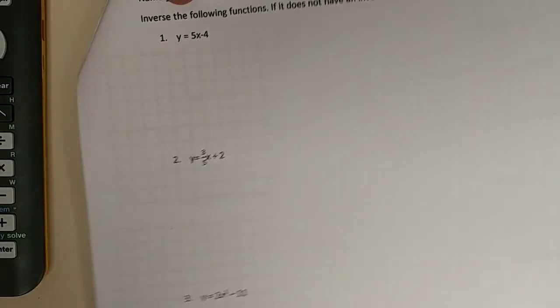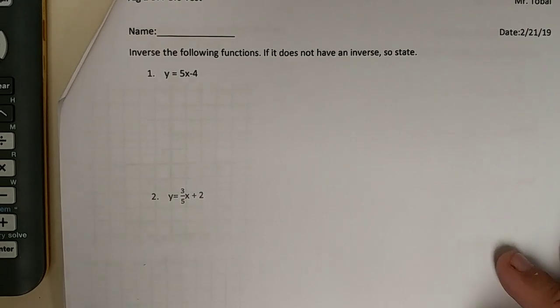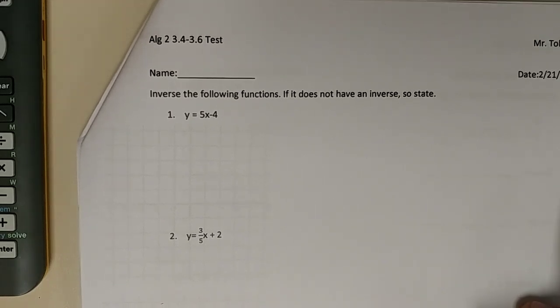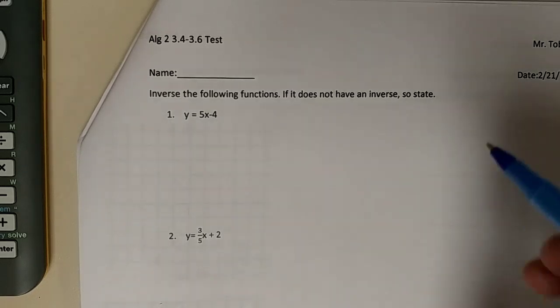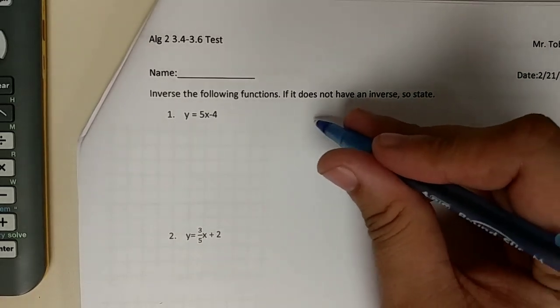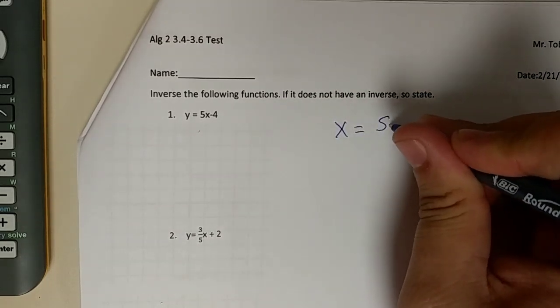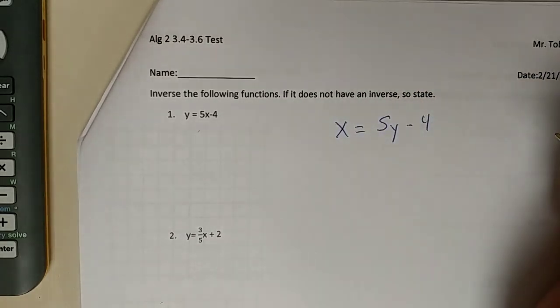Why don't we keep going? Alright, inverse functions. So we have to be able to inverse the function. So the first step for any inverse is going to swap the x and the y. So I'm going to take this equation and rewrite with x and y swapped positions. 5y minus 4.